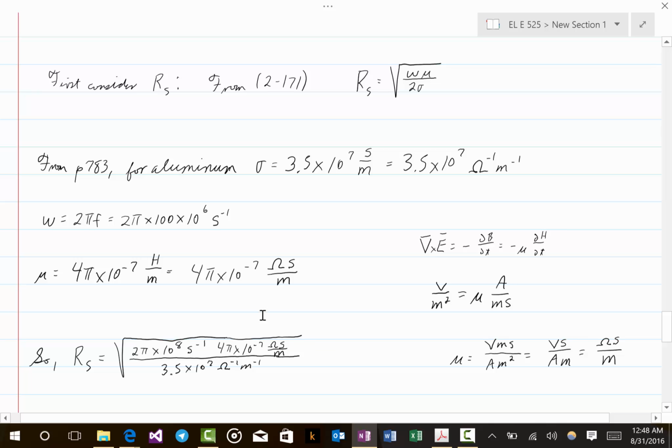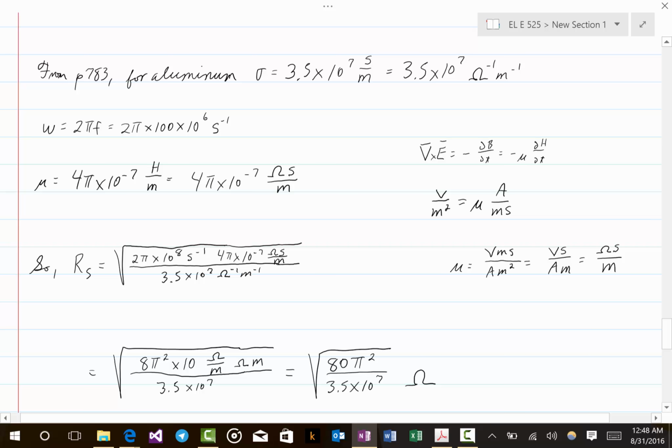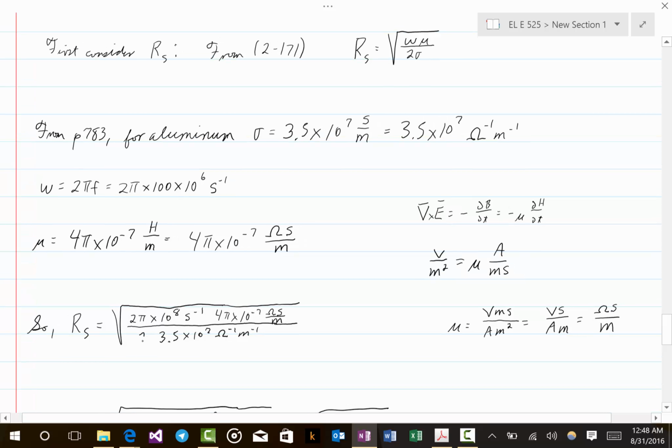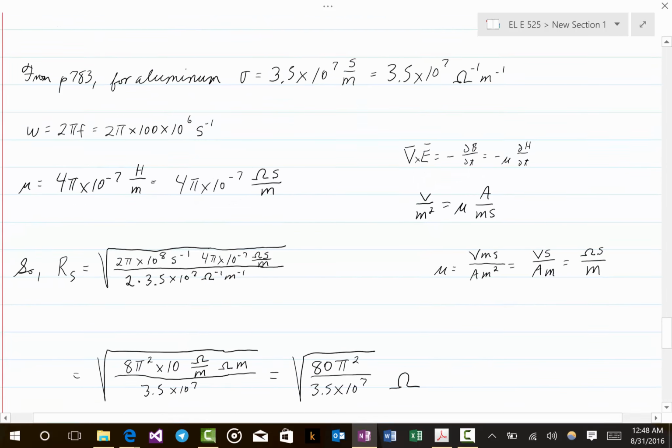So now that we have omega, we have mu, we have 2 sigma, we can go ahead and substitute into this expression for Rs. And by the way, here I've left out a factor of 2, because remember, here's 2 sigma, so we have 2 times 3.5 times 10 to the 7th inverse ohms, inverse meters.